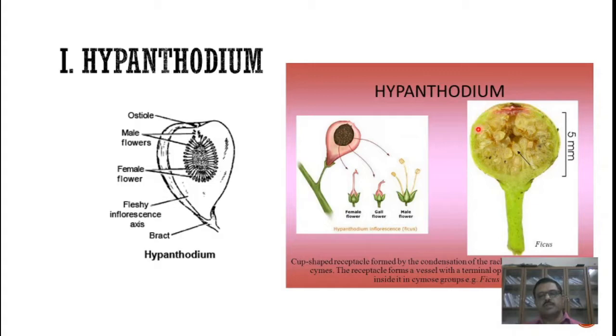So in all these cases we can see that it is in the form of a closed vessel, and as we can see in the case of flasks, it can be tightly shut with a small chamber within. So they are fleshy with a flask-shaped receptacle, and this flask shape is characterized by a small opening.